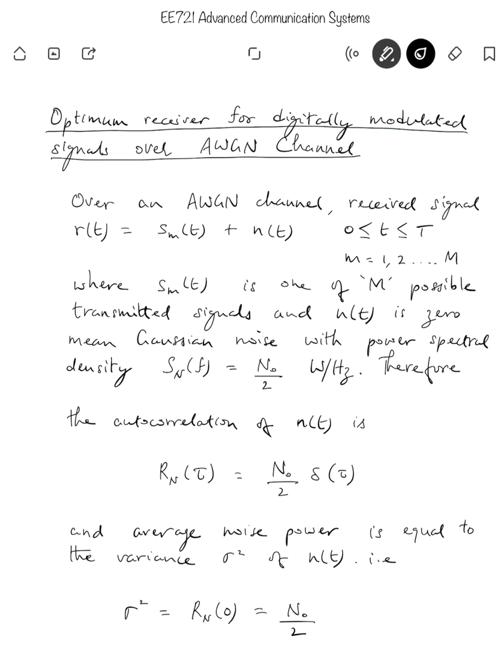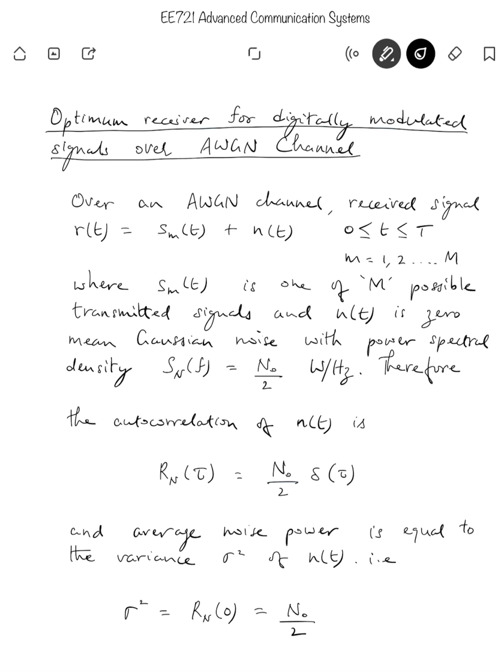So we have m possible symbols, and therefore m possible signal waveforms which the transmitter would transmit, and on the channel additive white Gaussian noise gets added. What do we mean by white Gaussian noise?